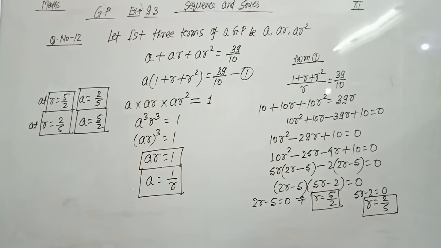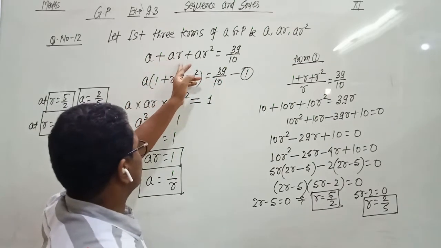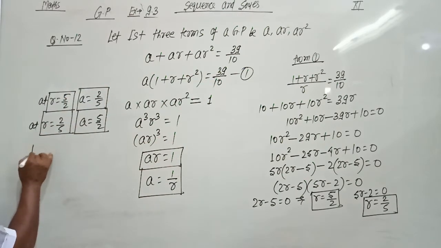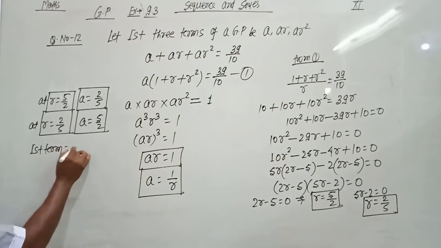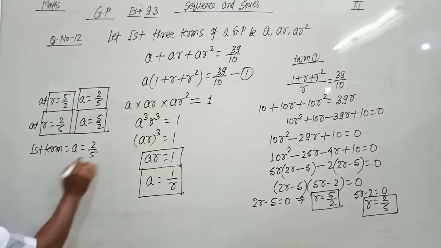So we have to calculate the common ratio. The common ratio is 5 by 2 or 2 by 5. And then the 3 terms we also have to find. The 3 terms we have supposed are A, AR and AR square. So the first term equals A, and the value of A is 2 by 5.